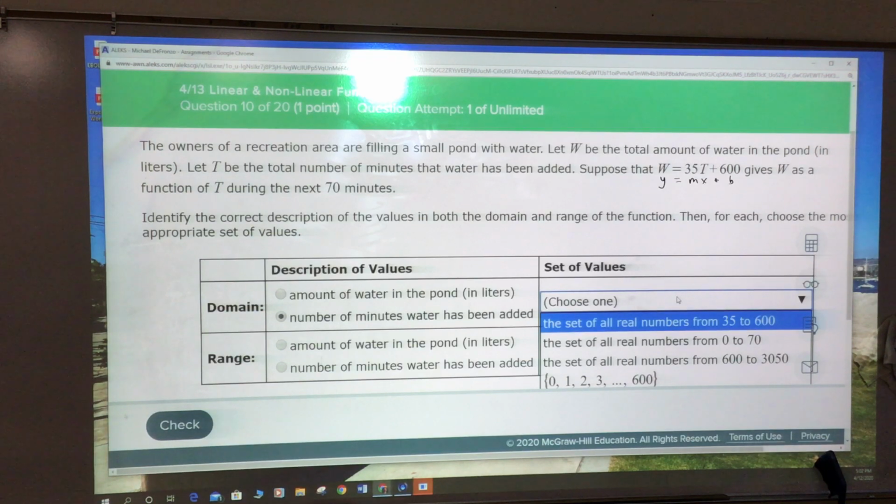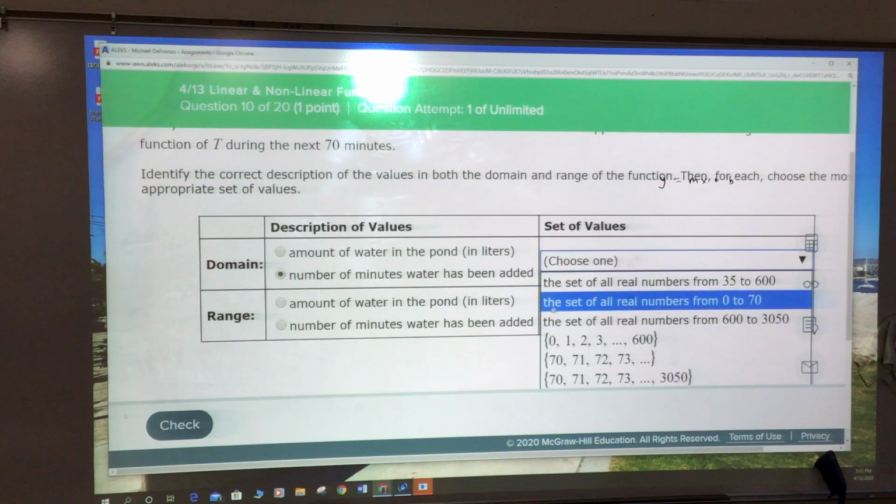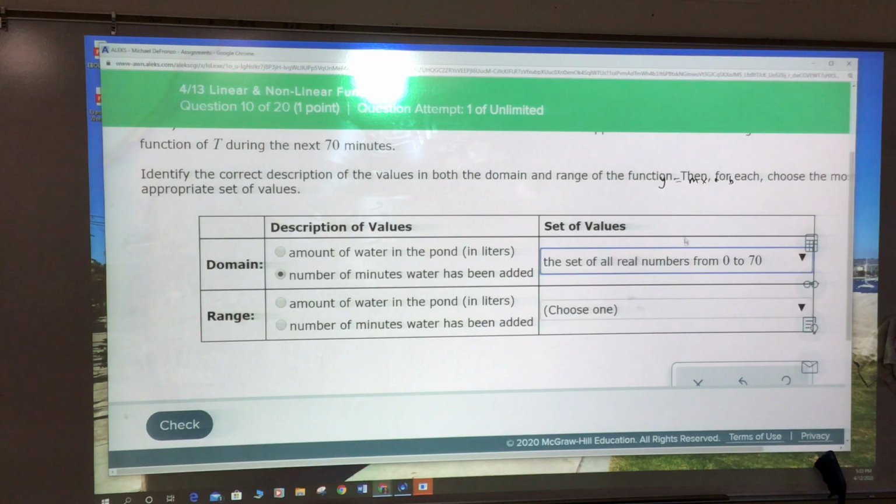During the next 70 minutes, I'm going to call those real numbers, okay? Because it's not discrete. In other words, it's not just every minute. So it's not going to be 0, 1, 2, 3. It's going to be all the numbers from 0 to 70.